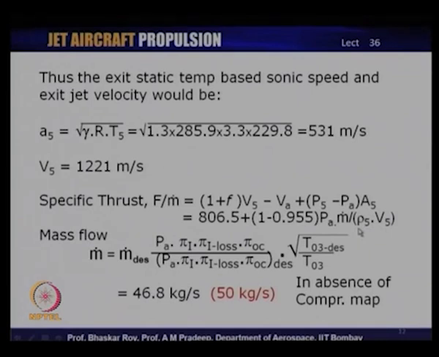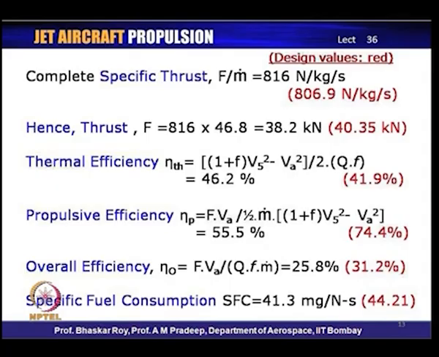If we plug in those values, we get the second term also calculated, which is the pressure thrust, and we get a complete specific thrust of 816 newtons per kilogram per second.